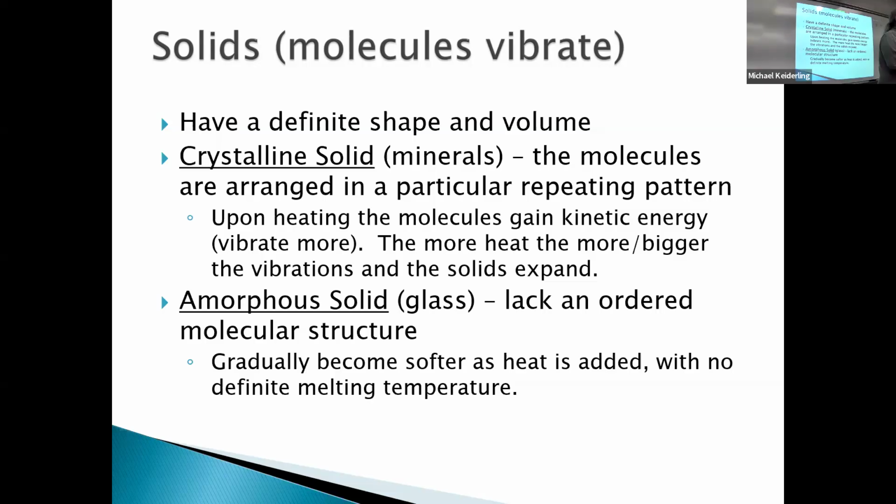Another term for an amorphous solid is a glass or glassy. One of the ways you can make an amorphous solid is to cool something down so fast it doesn't have time to order itself. That's how you get things like obsidian, which is volcanic rock that cooled down so fast it didn't have time to get ordered.